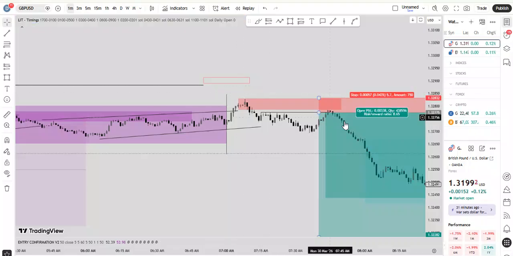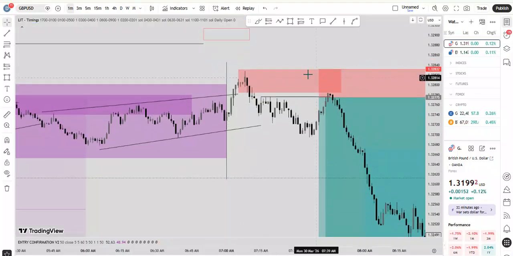Okay. We have the high. Let me use this. We have the low right here, right? We have the high right here, and then we had the break of structure.